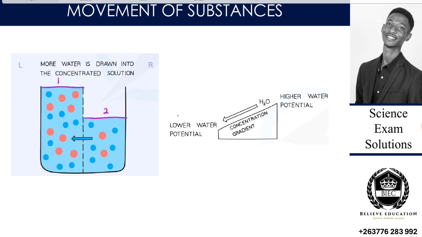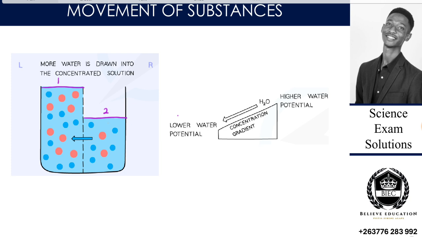Volume here per 2 is small, while volume here per 1 is large. If you only use the idea that there is a larger volume, you can get it wrong, right? Because here you could think that water would have to move from 1 to 2, giving your reason that there is a greater volume of water at 1 and a lesser volume of water at 2.